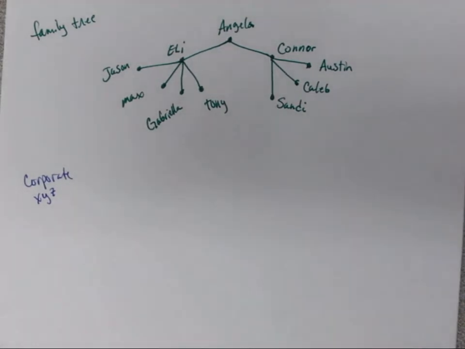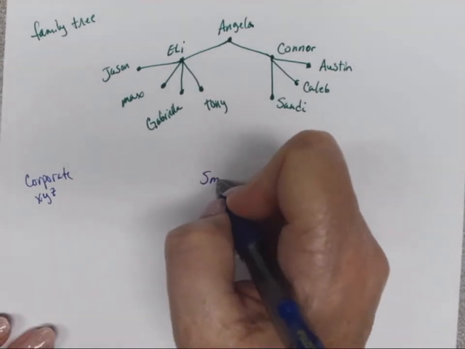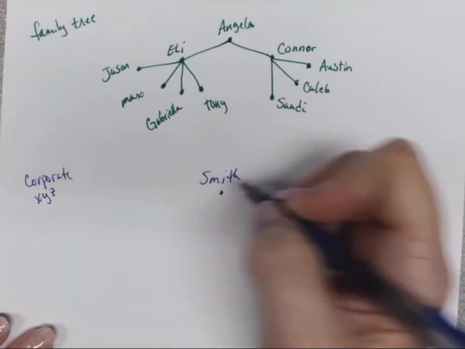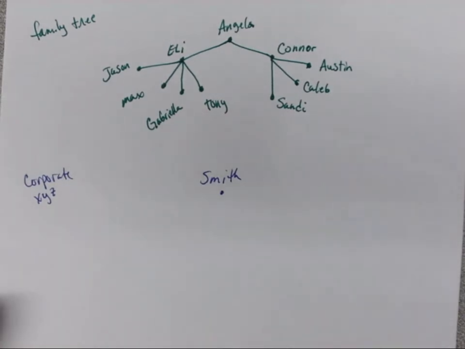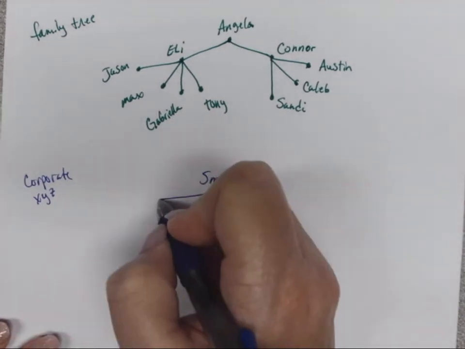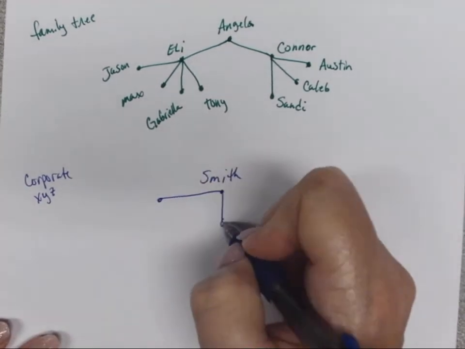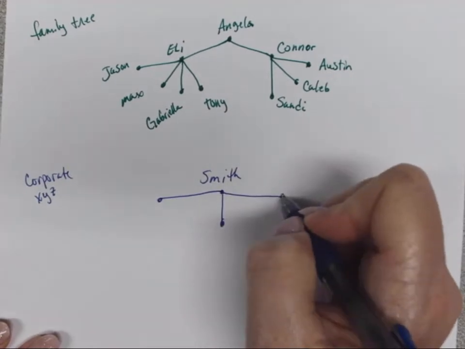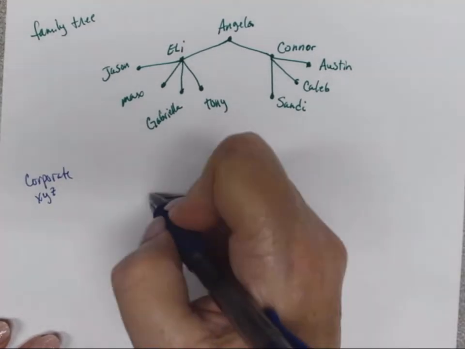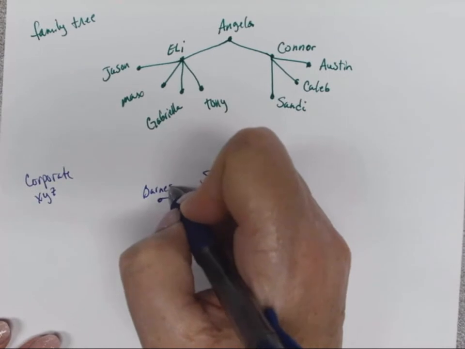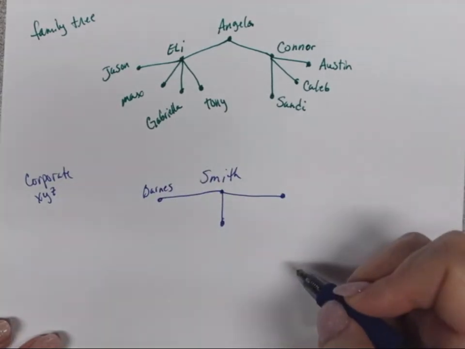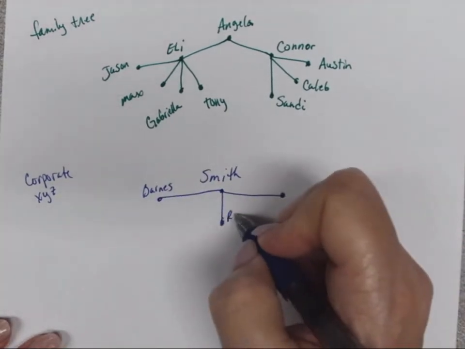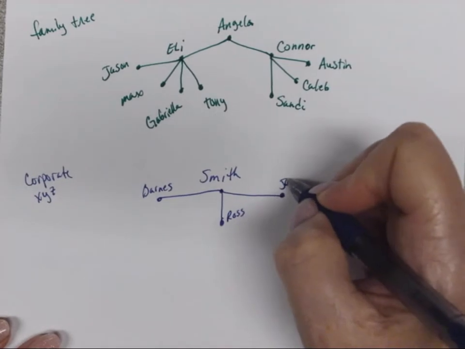And we have Smith is the president. And Smith has 3 vice presidents. So 1, 2, and 3. And those vice presidents are Barnes and Ross and Jones.